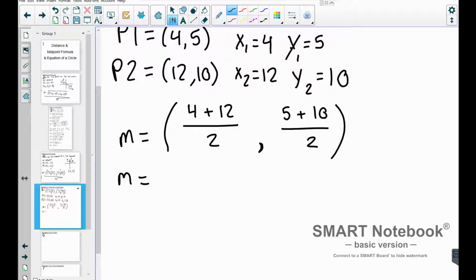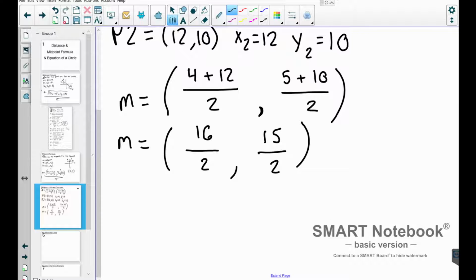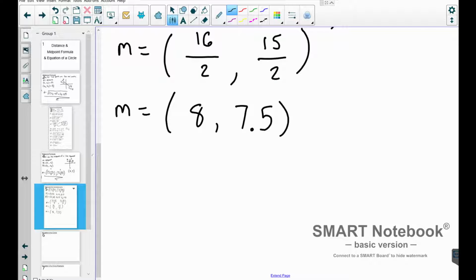We say M equals 4 plus 12, which is 16, divided by 2, and our second coordinate, 5 plus 10, is 15, divided by 2. And then we can simplify these further, saying 16 divided by 2 is 8, and 15 divided by 2 is 7.5.